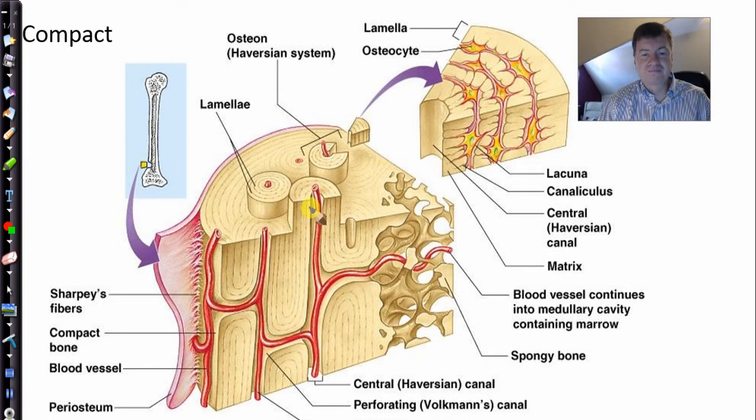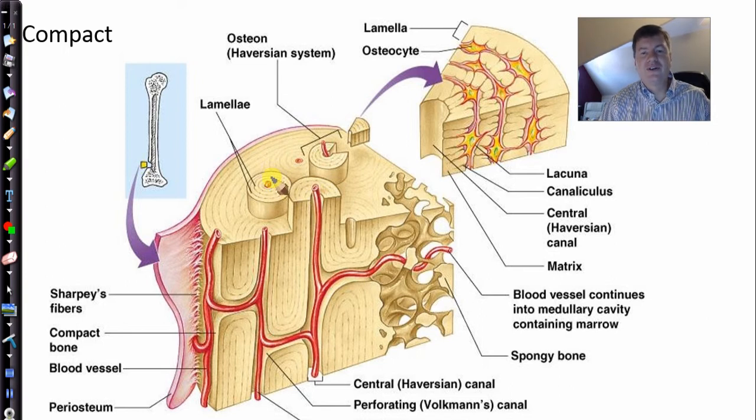These individual rings are the result of different growth cycles, and we'll talk about that in a moment. And the reason you have rings at all is that where the ring actually is, you have less collagen, so it appears to us that you actually have a ring there. So the lamellae are going to be making up the osteons.